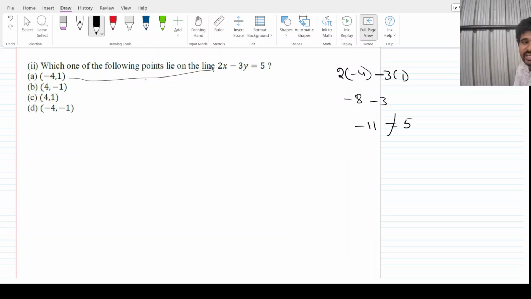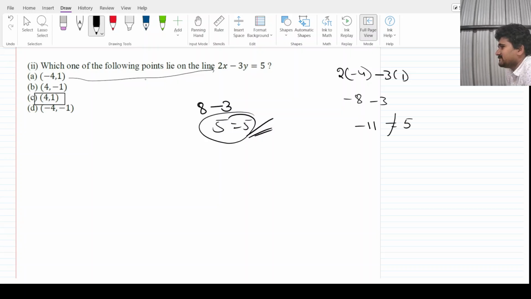Understood? So check for 4, comma 1. 8 minus 3, 5 equal to 5. Yes, sir. 5 equal to 5. Just say the option. Easy, right? Yes or no? Easy or not?